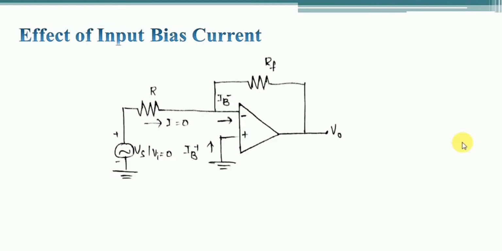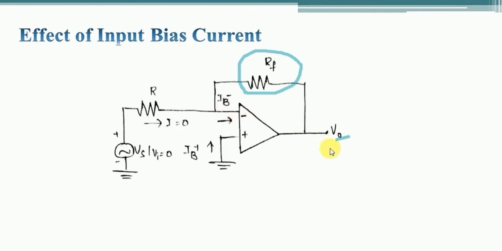Here the output voltage V0 is nothing but the voltage drop across the resistor RF. Because no input signal is applied, the current flowing through the input resistor will be 0, and the only current flowing is IB minus, the bias current at the inverting terminal.